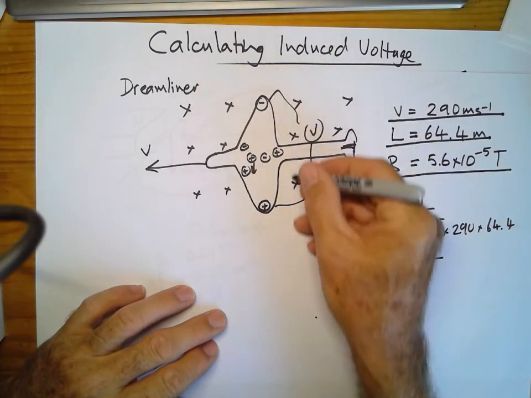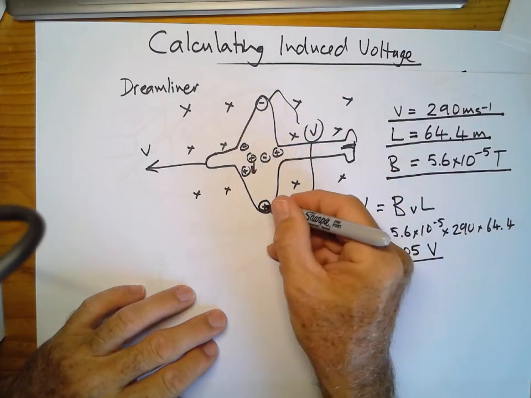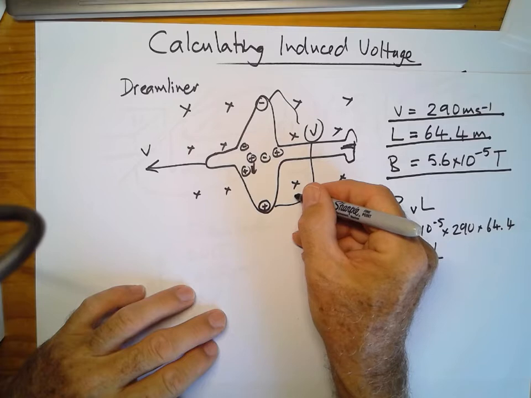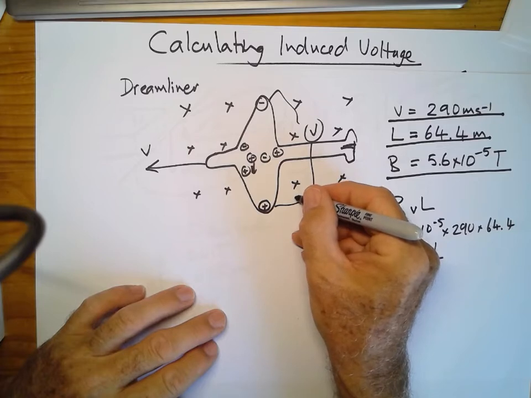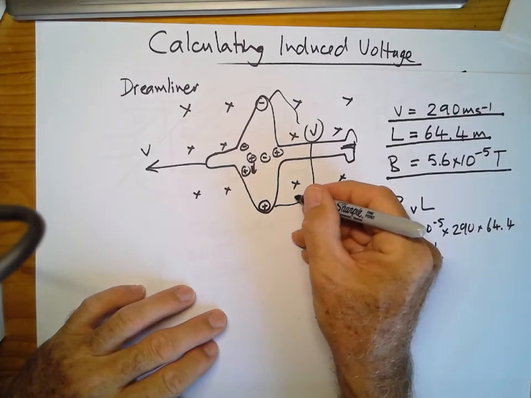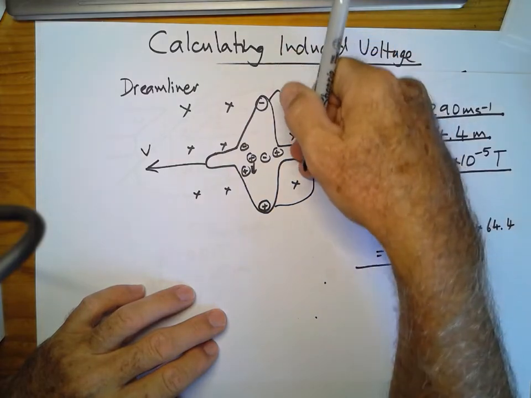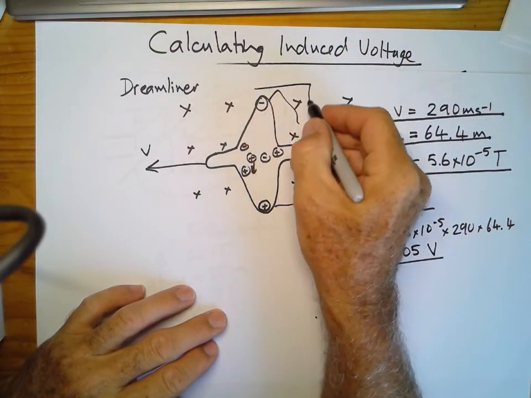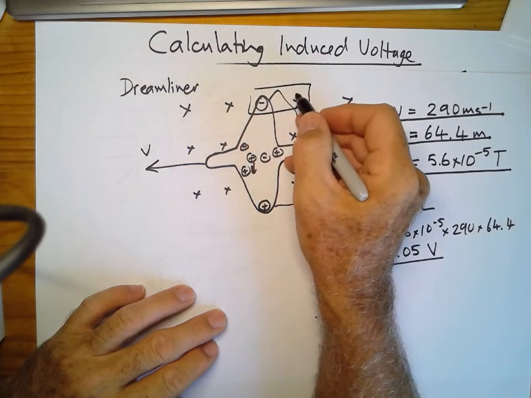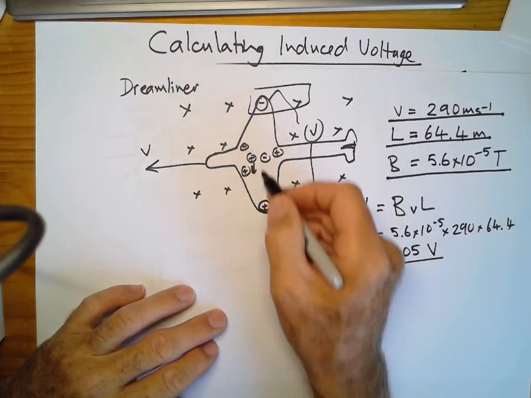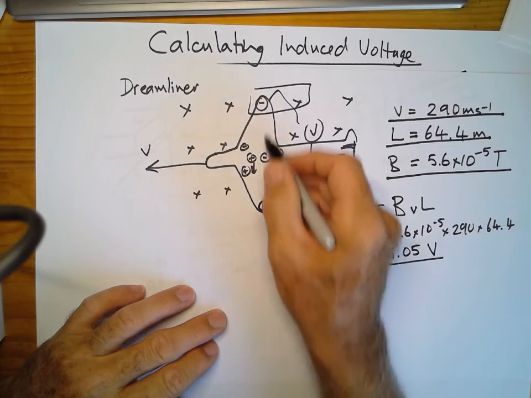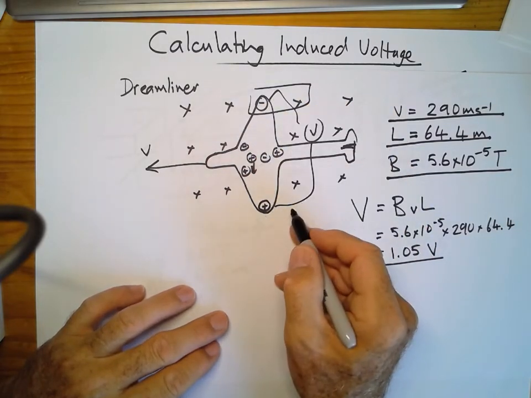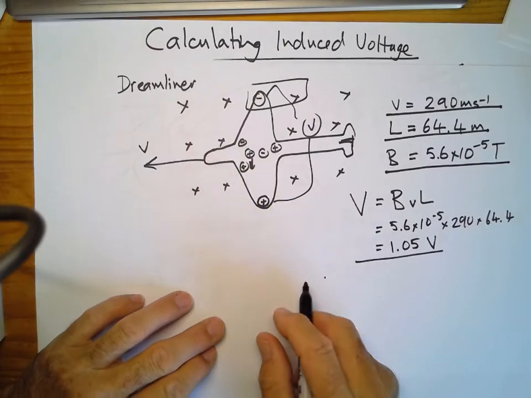Within this wire, although it makes an apparently complete circuit, this piece of wire here would have exactly the same induced voltage effect. So the positive charges would be forced this way and the negative charges would be forced this way. So in the end we'd end up with both of these, the wing conductor and this wire, both would be negative, and both ends of this would be positive, and we'd get no current flowing.